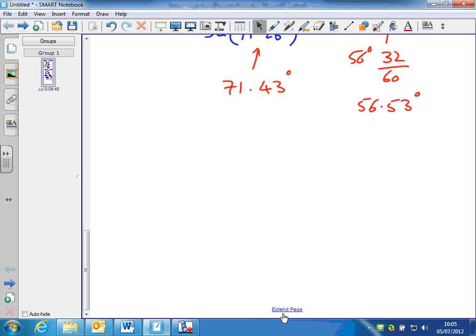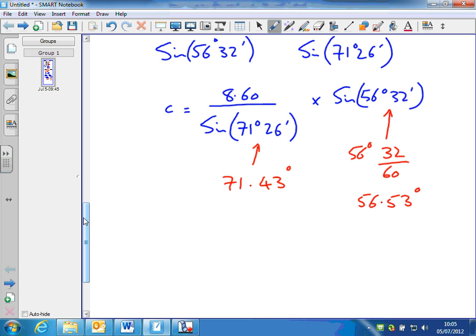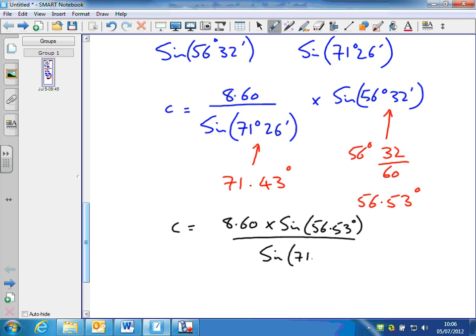In one hit on the calculator, I'd probably use the fraction button and write 8.60 times the sine of 56.53 degrees on top, all over the sine of 71.43 degrees. Checking my calculator is in degrees, you should get side c. And then you would use a similar procedure to find the other missing side of the triangle.